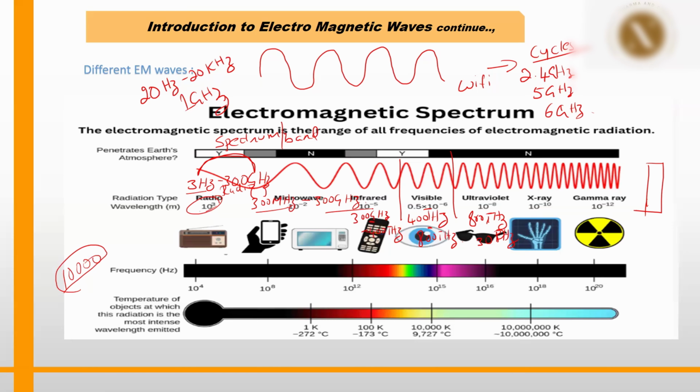But just remember that it is 2.4 gigahertz, 5 gigahertz, and 6 gigahertz, and it falls within the microwave. Microwave is part of the RF spectrum, which is a broader spectrum. In that only microwave comes, 300 megahertz to 300 gigahertz, right? So 2.4 gigahertz sits somewhere in the microwave range.